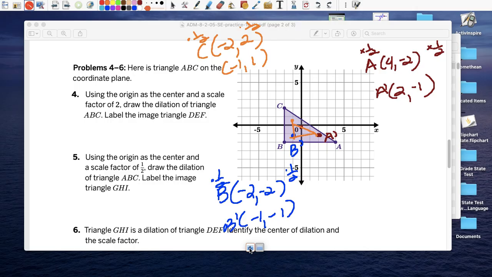So I'm trying to answer question 6. Instead of A prime, B prime, C prime, they told me to label as GHI. So what was the center of dilation? The center was 0, 0. And what was the scale factor? The scale factor was a half. That's kind of weird that they asked that question.